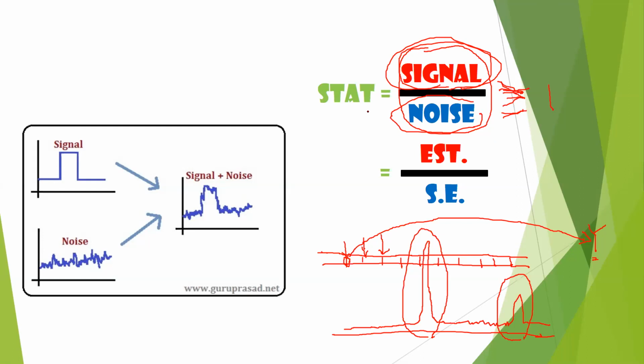In statistics, we do the same thing. When we have data and want to test whether an association is real or not, we can use our data to construct a statistic.